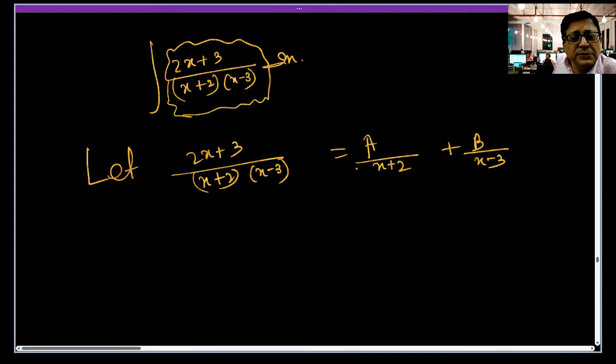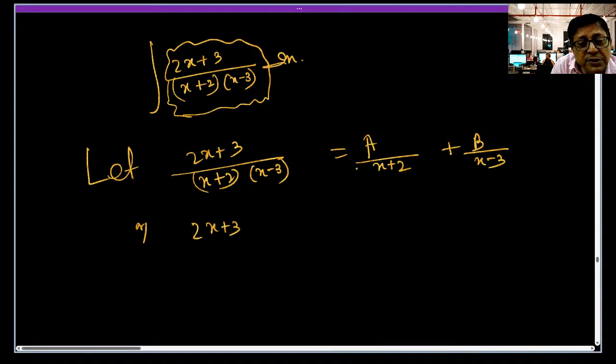Okay? But a, b we don't know. If the integrand instead of the left hand side you got the right hand side, then it is done. Everyone can do it. All these forms we have done. But how to get a and b? These coefficients a and b of 1 by x plus 2, 1 by x minus 3.